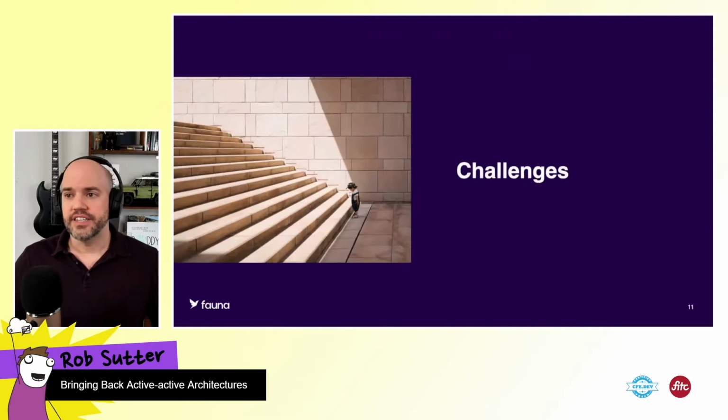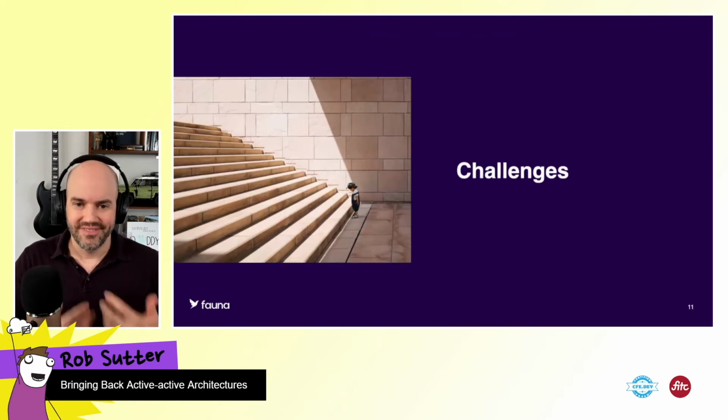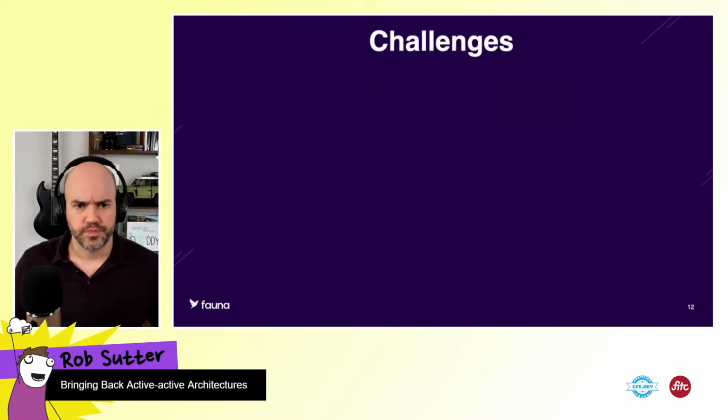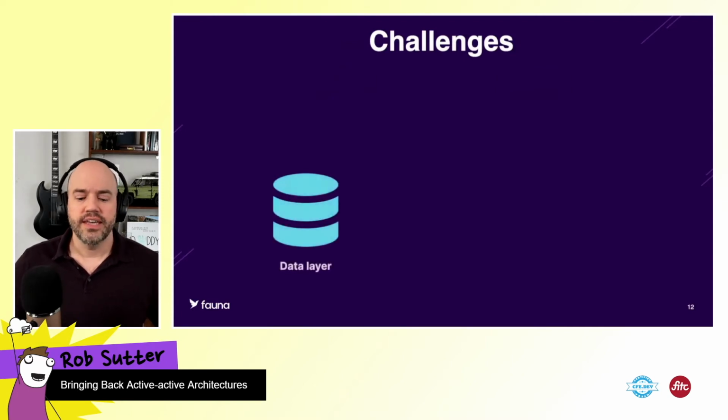So you might be saying to yourself, well, this sounds great. I should just build all my applications as multi-region active-active architectures. And of course, would that were the case, but there are some challenges that we need to address that we talked about up front. Those challenges mainly regard the data layer. You need to get consistent data at every point where your users are accessing your application.